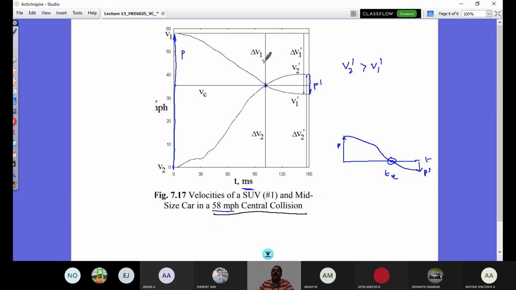But here, since this is a system of vehicles with exchange of energies, you see here this delta V1. What is delta V1? It is the change in velocity till common velocity. So V1 minus Vc. This velocity is Vc.